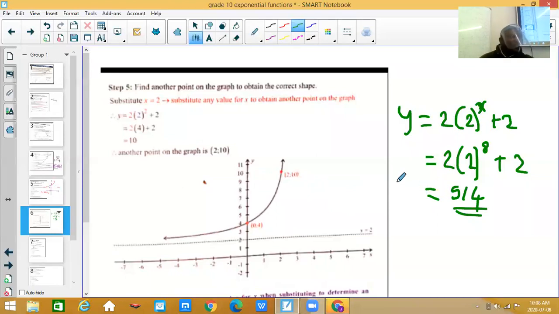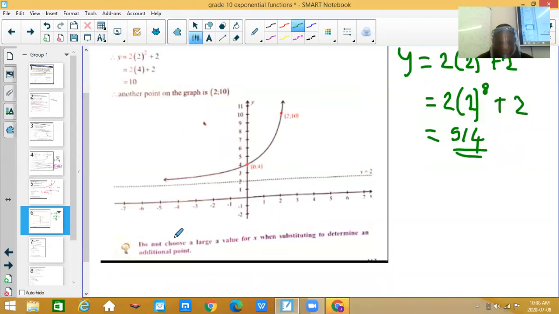I've done it simply because I wanted to show you that it's possible, but it gives us challenges. Now they used 2, so another point will be (2, 10). From this point, you now know that the shape is like this. Are you seeing it? Any more questions there?